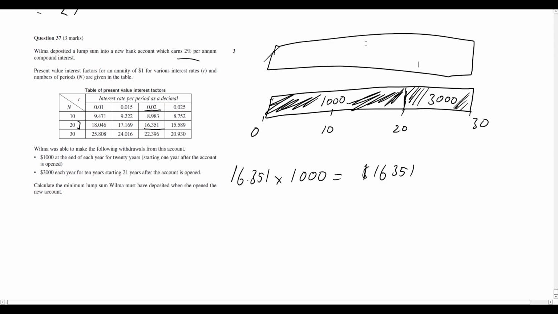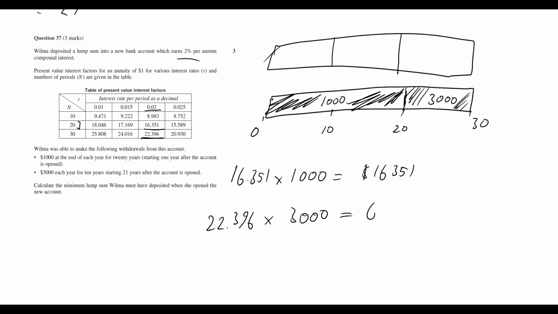Okay, so now to figure out how much money you would have had to put in for $3,000 for 30 years, we're going to be using this 22.396. So we'd say 22.396 times by 3,000, and that will give us $67,188.